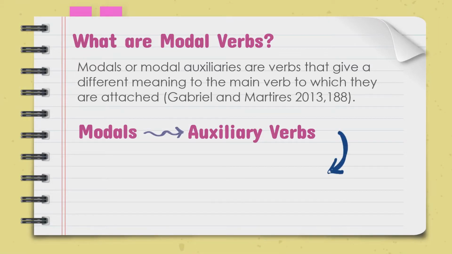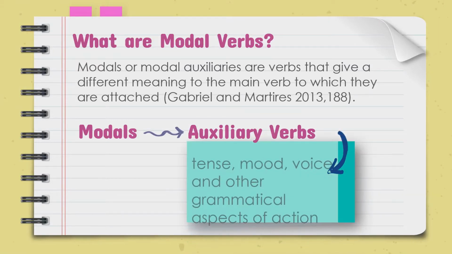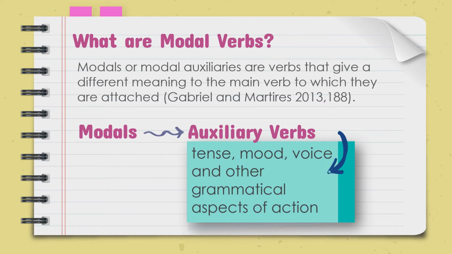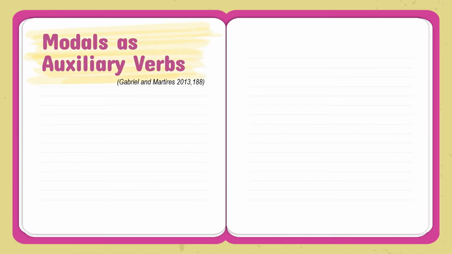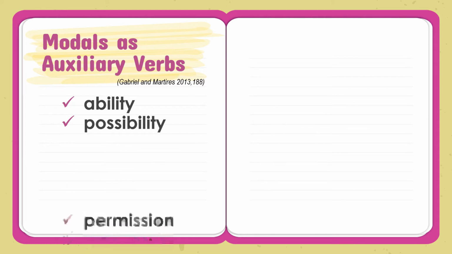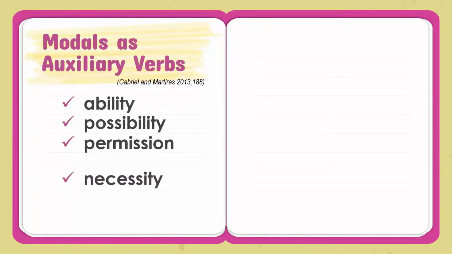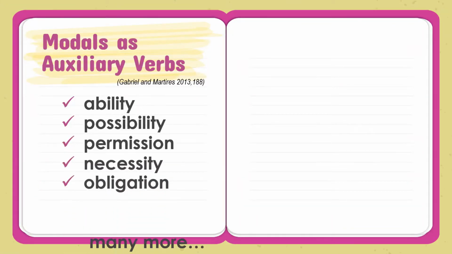Auxiliary verbs indicate information like tense, mood, voice, and other grammatical aspects of action. Modals, being auxiliary verbs, are used with another verb to express ideas like ability, possibility, permission, necessity, obligation, and many more.